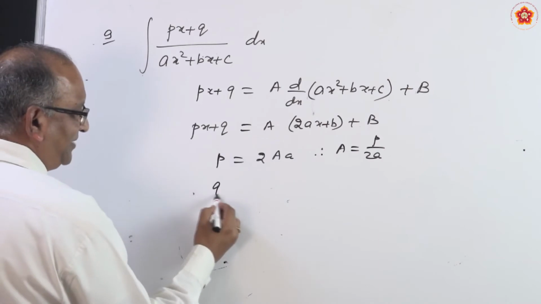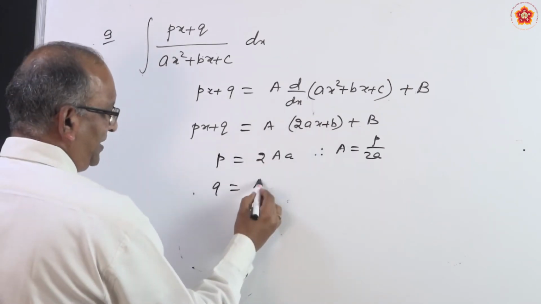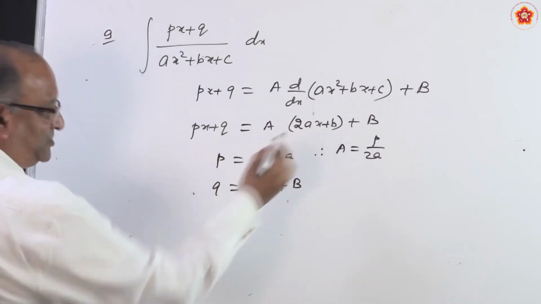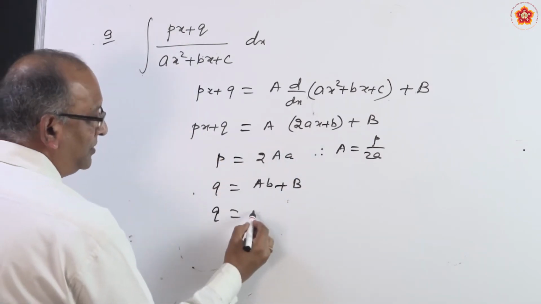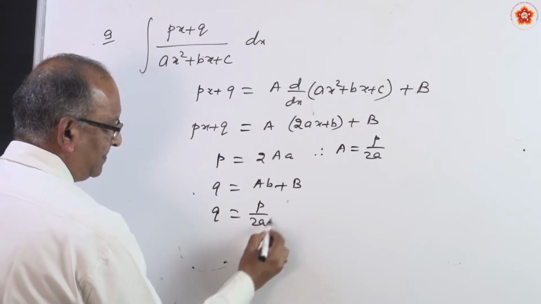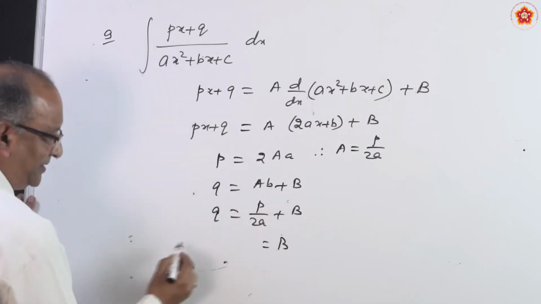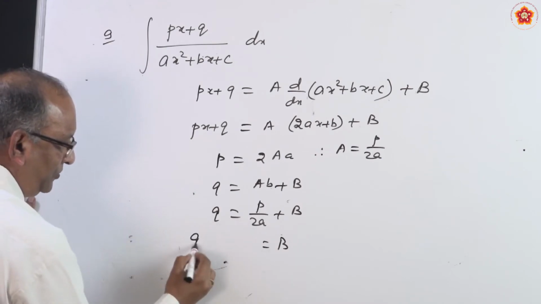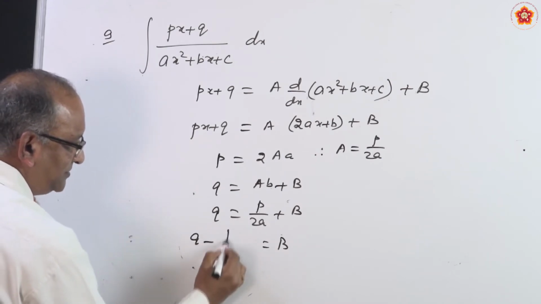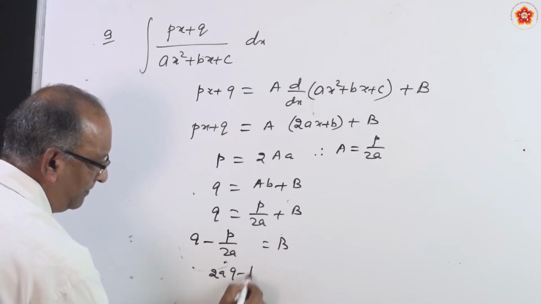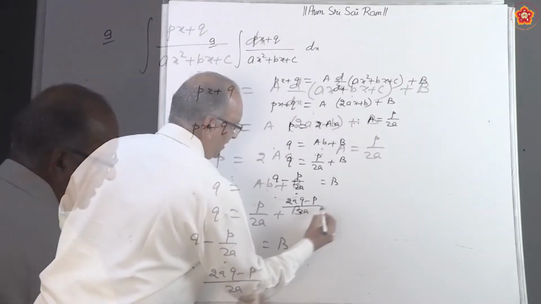Similarly, q is equal to Ab plus B. And we know the value of A. So substitute: q equal to p by 2a times b, plus B. So how to get B? Take this term to the other side and you will get q minus pb by 2a, or (2aq minus pb) by 2a, equal to B.